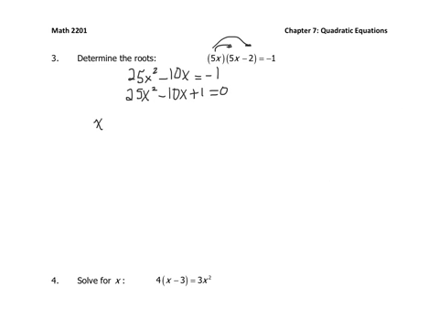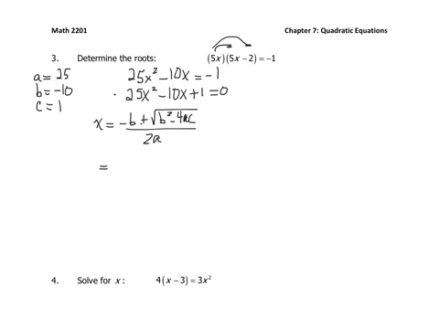So the formula again is negative b plus or minus the square root of b squared minus 4ac all over 2a. So we start substituting in the values. A is 25, b is negative 10, c is positive 1, because we've got to read it from this form right here.